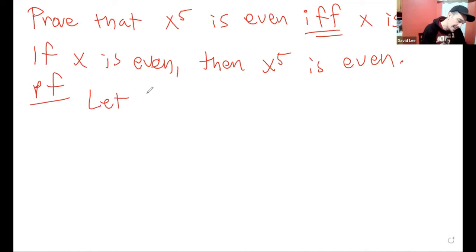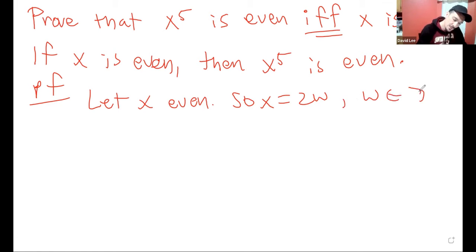So let x be even, okay? So x equals 2w for some w in the integers. And so what we can do now is we can raise both sides to the power of 5.